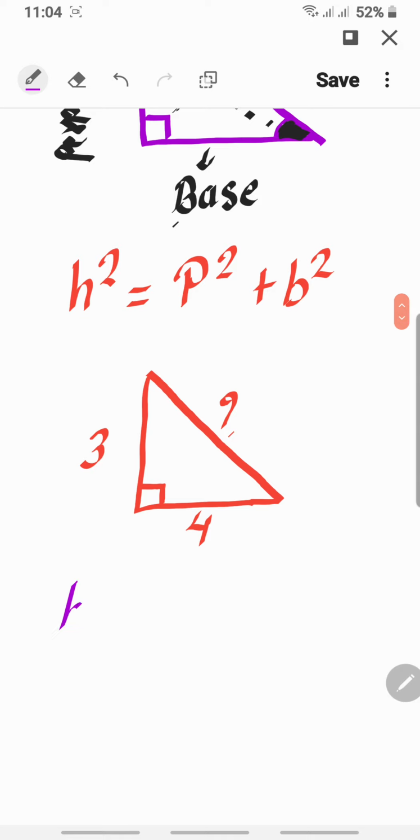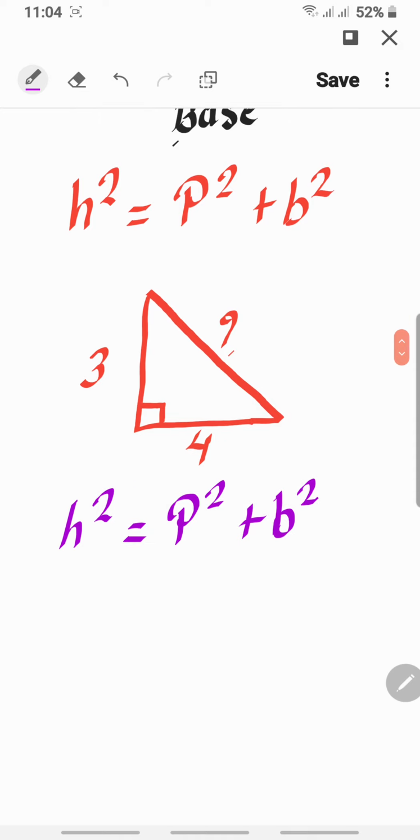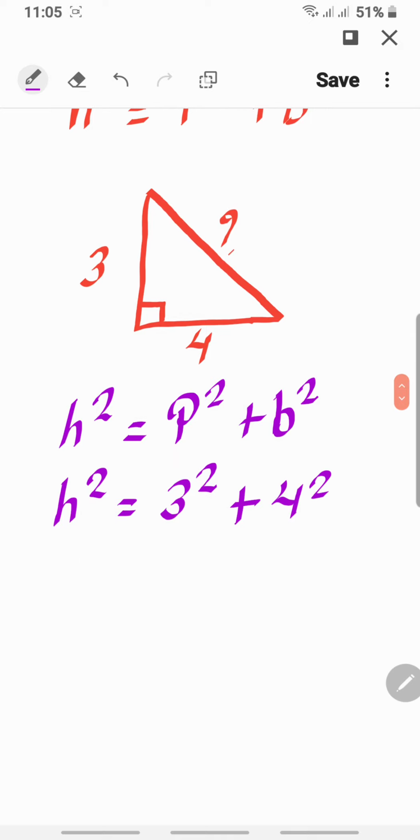For the hypotenuse square, we will use the Pythagoras theorem. H square is equal to p square plus b square, right? We don't know h, so we will keep it as h square only. Instead of p, we'll put 3 square, and instead of b, we'll put 4 square.